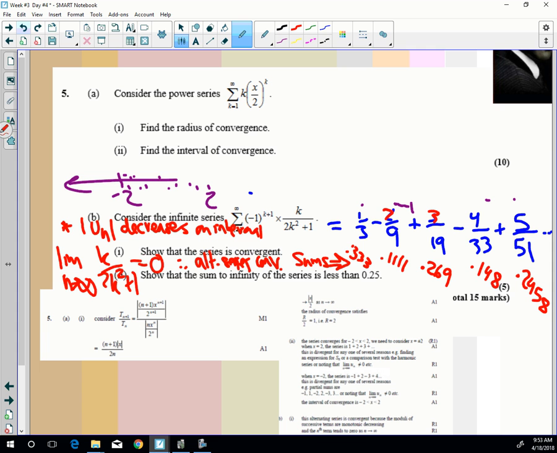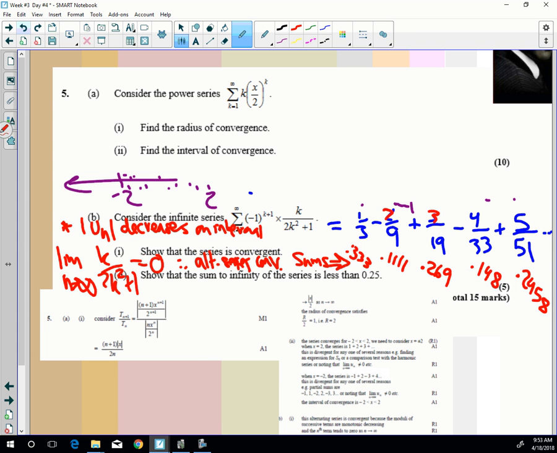When you get to the fourth one, I have a sum of 0.148. And then the fifth one is 0.2458. Now, if you look at this, it's bigger, smaller, bigger, smaller, bigger. What will the next one be? Smaller. But what do you notice about the biggers? They're decreasing.